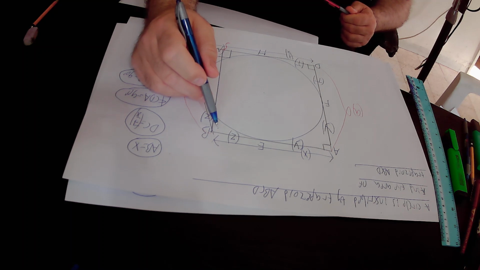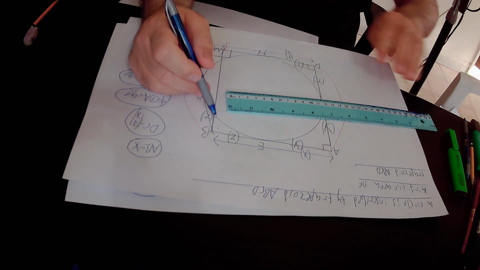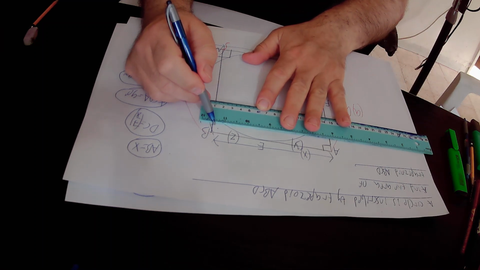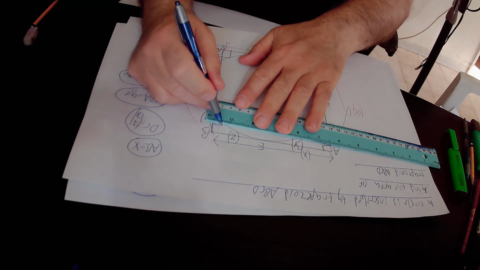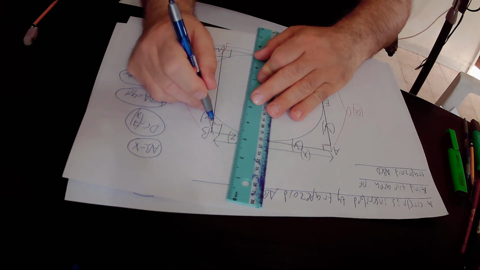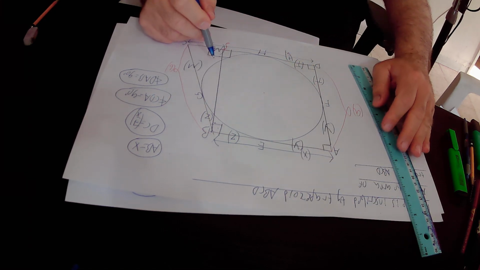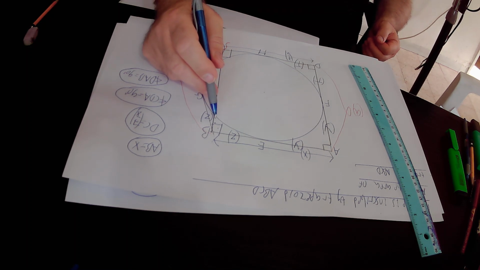Therefore, this fourth missing angle must equal 90 degrees.